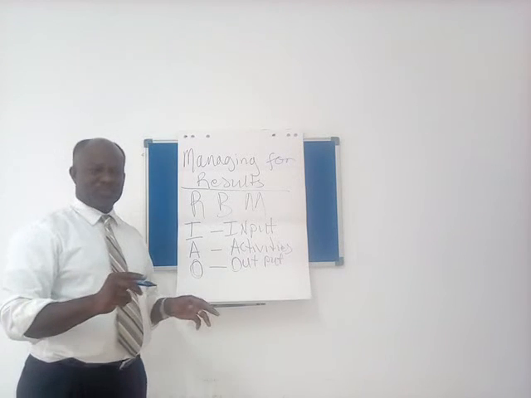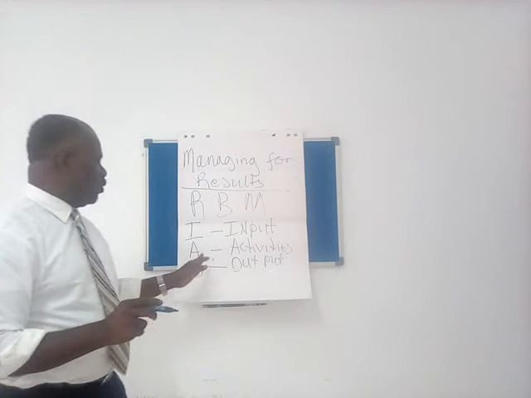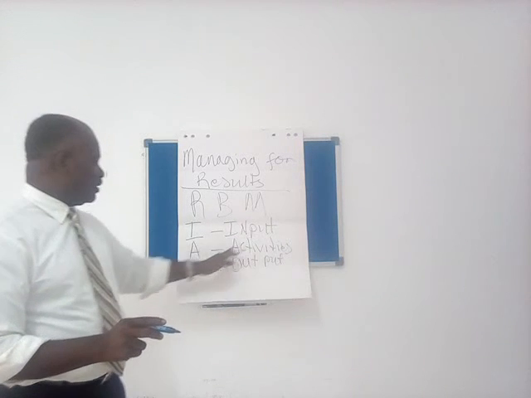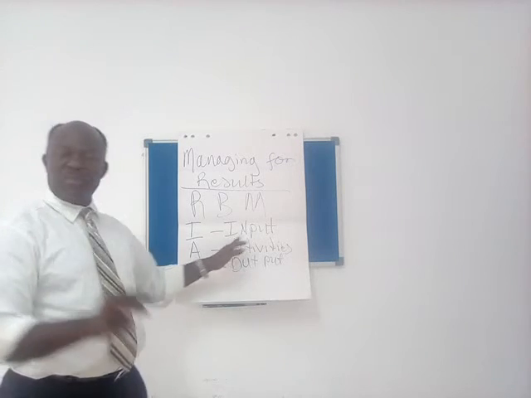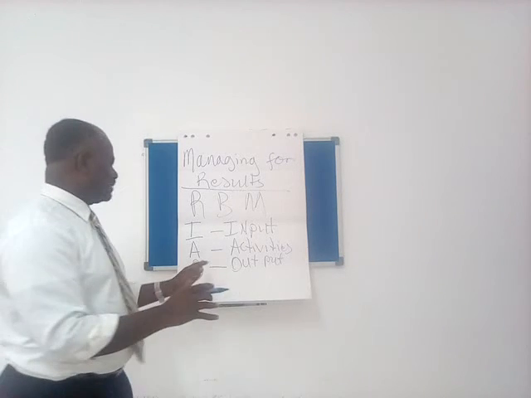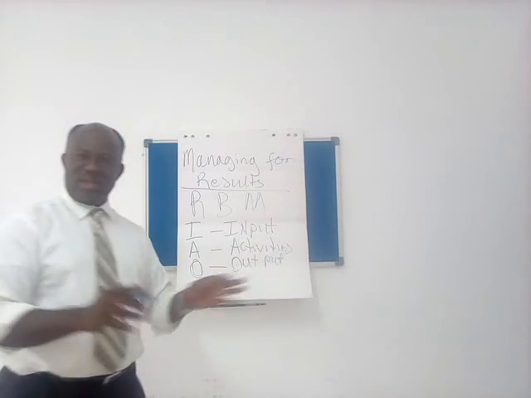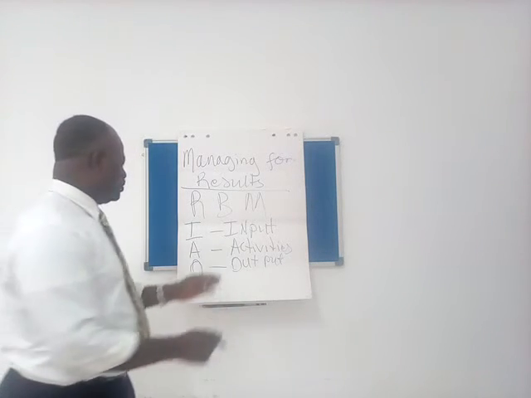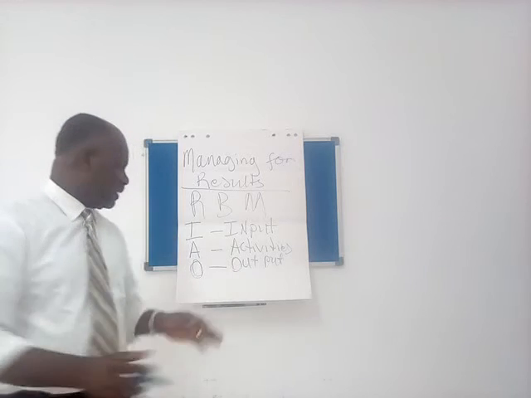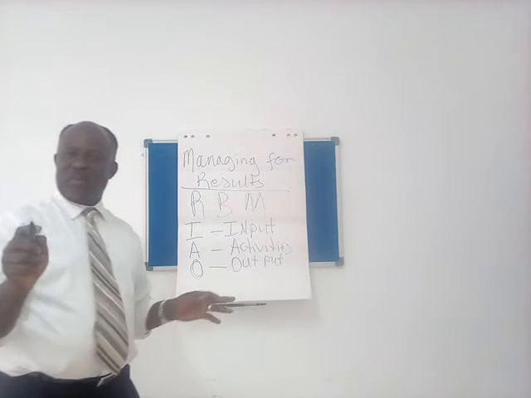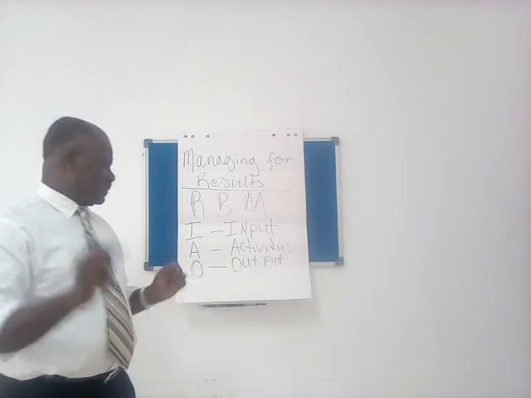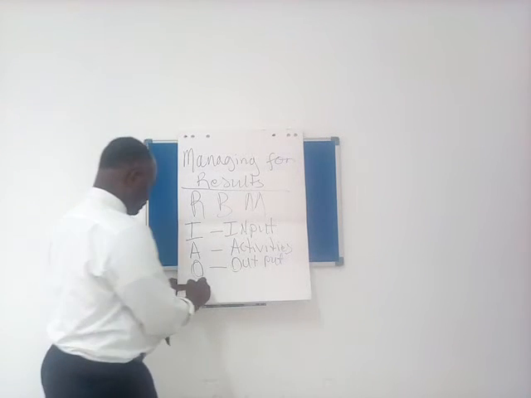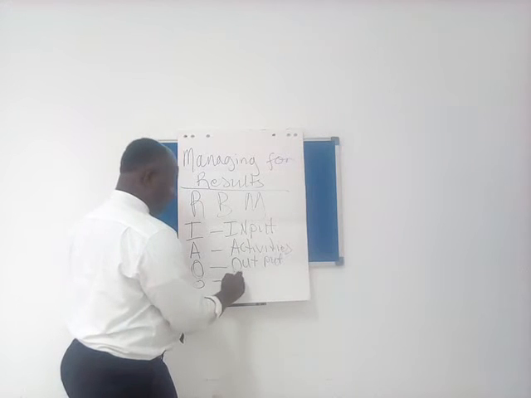So for example, if you bought a land, input resources, and you did the clearing of the land, and people start to make the blocks, and they start to do the digging of the holes, and making sure they do the foundation. Your output there becomes the foundation. Now, the next level result is the outcome.